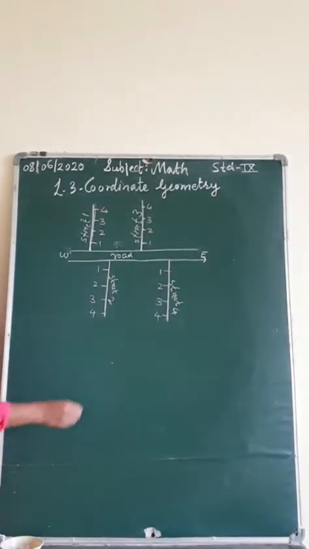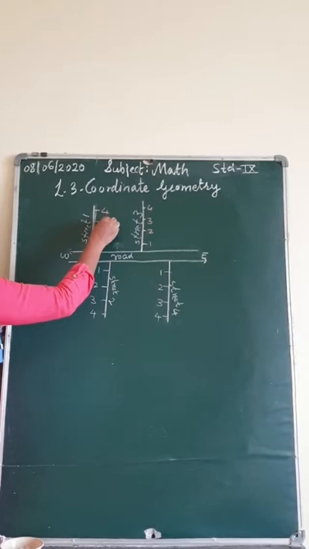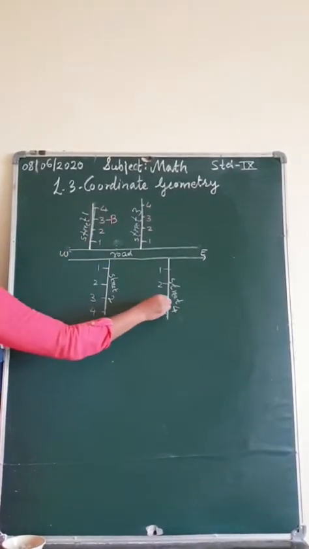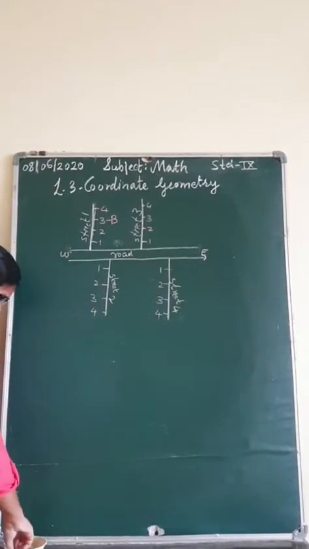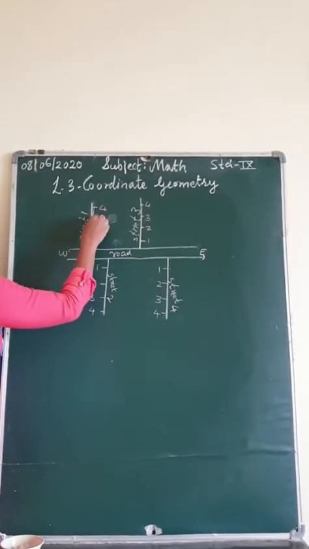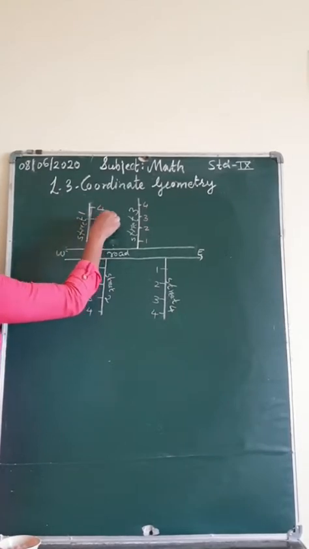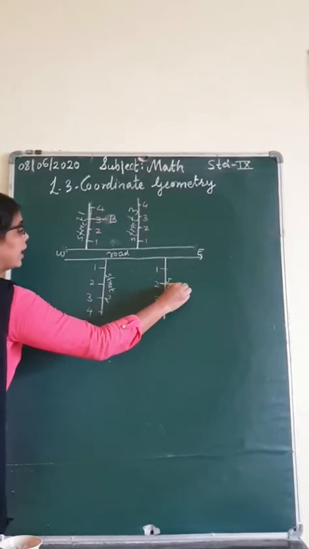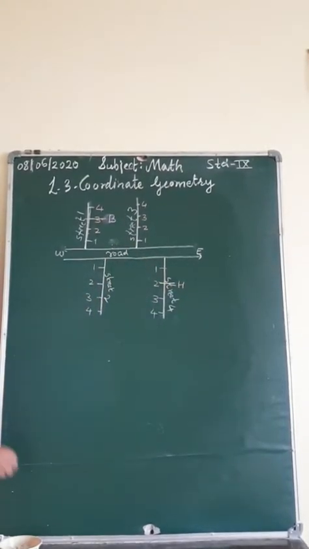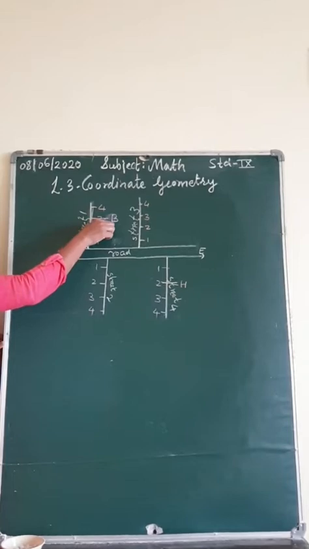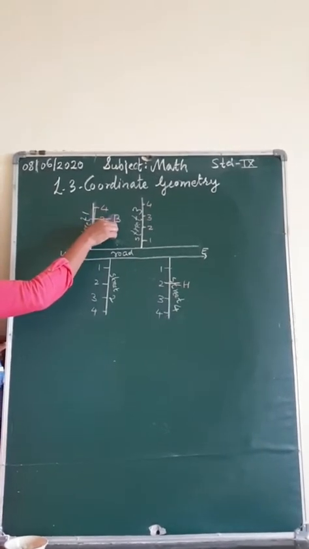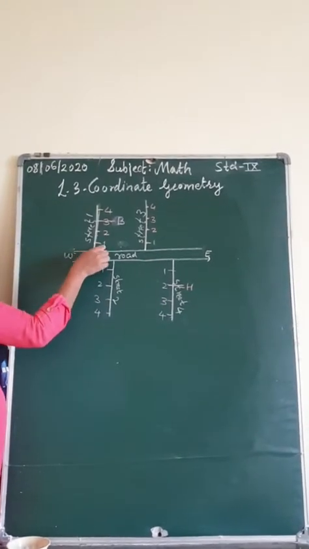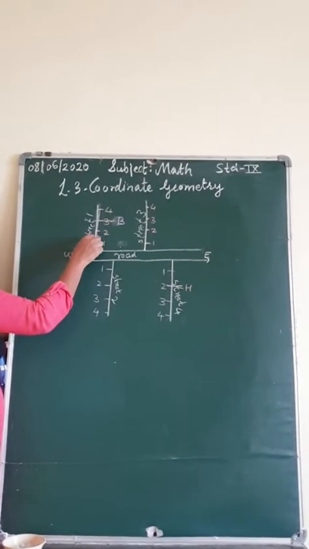Now we have to locate a house, suppose here as house B and here as house H. When we have to write the position of house B, is it enough to say that house B is located on street 1?